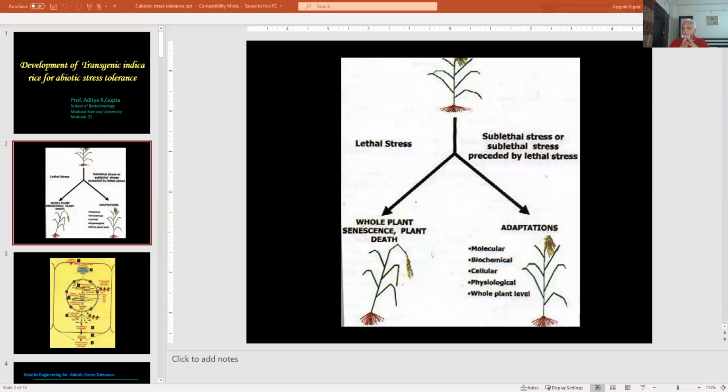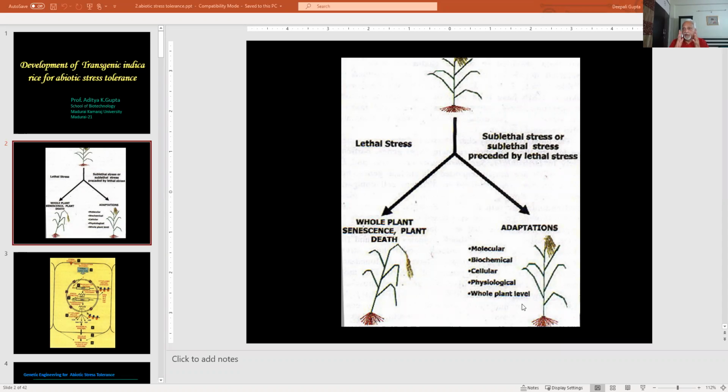For example, if we look at how the plants respond to these stress conditions.